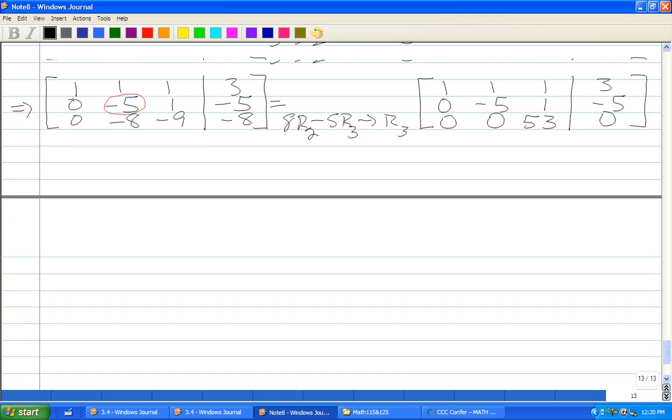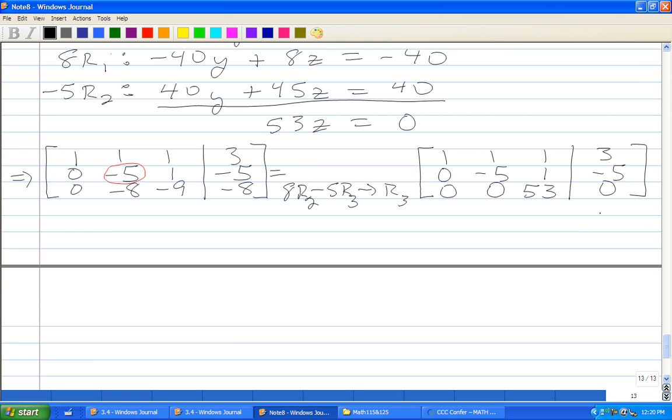And now you notice that it is upper triangular, that the lower triangle here is all zeros. And good, so that means that I can use back substitution. So let's solve this by back substitution.